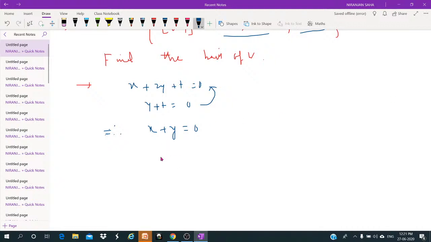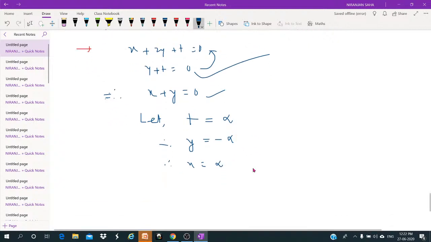Now let t be equal to alpha. From this we will have y equal to minus alpha, and x will be alpha.